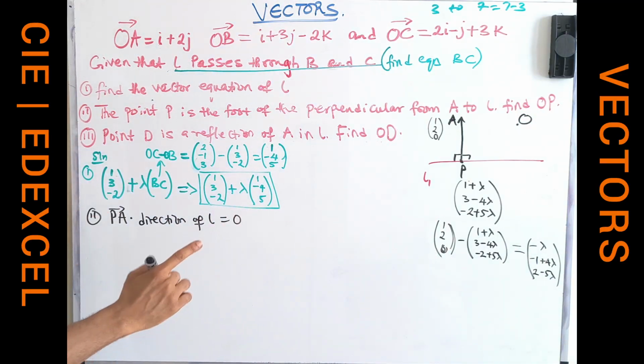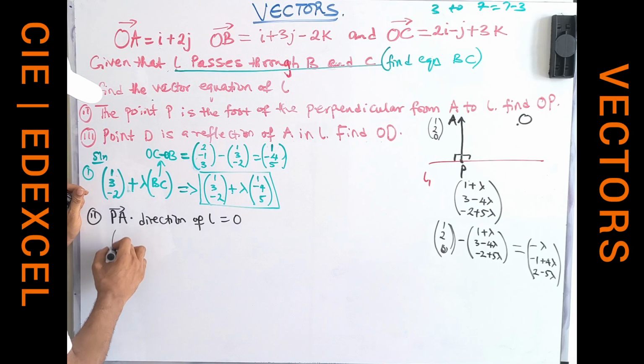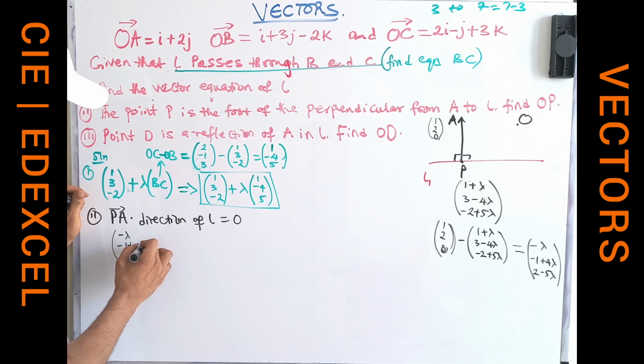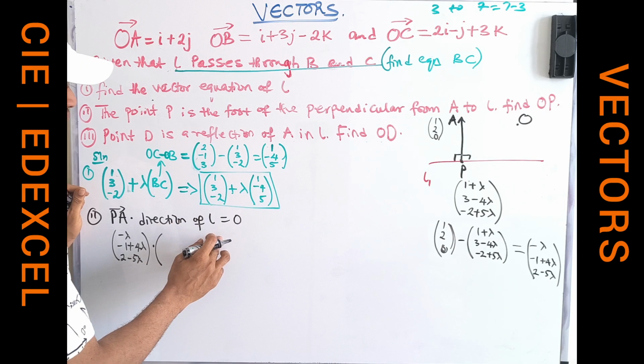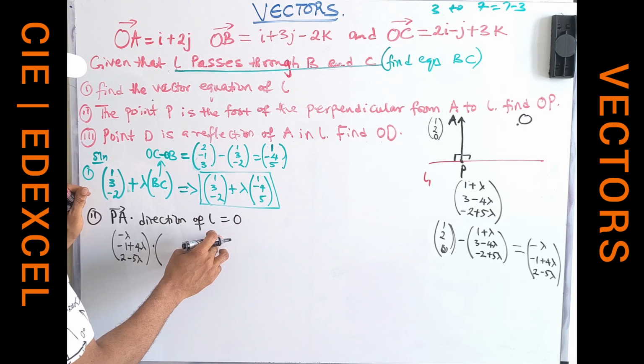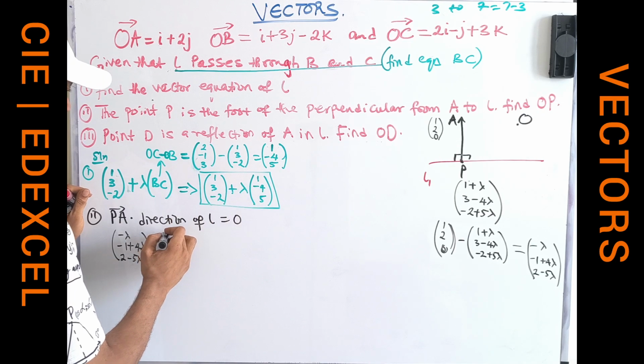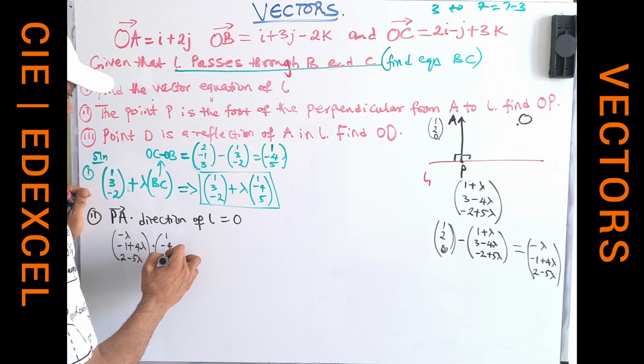So remember, the minus affects what is inside. So this will be minus lambda, minus 1 plus 4 lambda, 2 minus 5 lambda, dot direction of L, which is this. So 1, minus 4, 5.